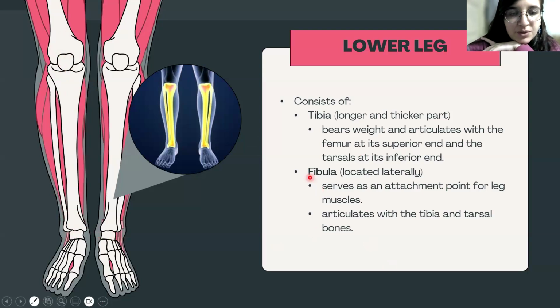And what the fibula does is that it articulates with the tibia and the tarsals. Articulate means that it's forming a joint. So again, this last point, in case you didn't get it, the fibula forms a joint with the tibia and the tarsal bones.